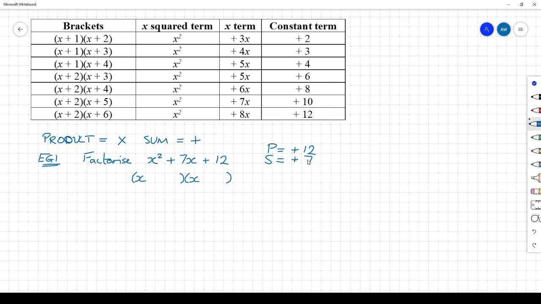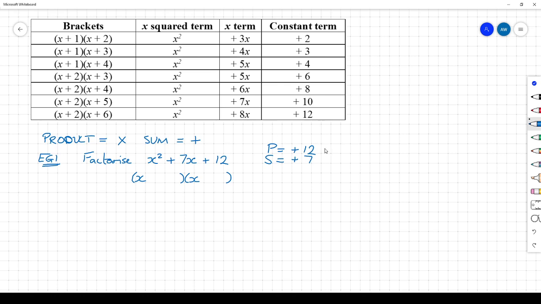So we know that from looking at this table and discovering, oh yeah, if I multiply the two numbers I get the constant, if I add the two numbers I get the number in front of x. Okay, so these two numbers multiply to equal plus 12 and add to equal the number in front of x, the coefficient of x. Right, so how do we work out those two numbers from that?